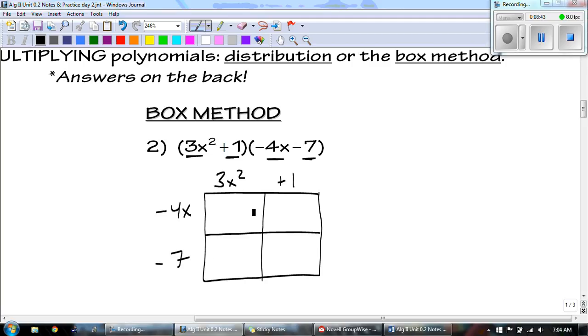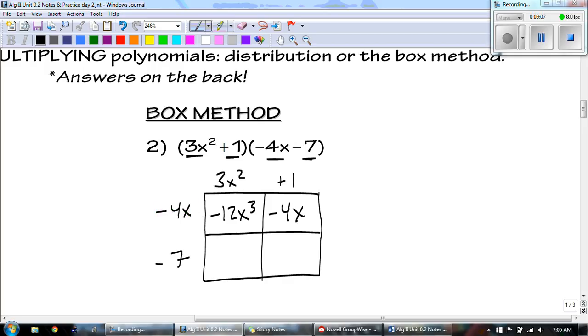And now I just multiply each term inside the box. So I've got my 3x times my negative 4x, which would give me negative 12x cubed. Okay, now I'm going to do negative 4 times 1, which would be negative 4x.